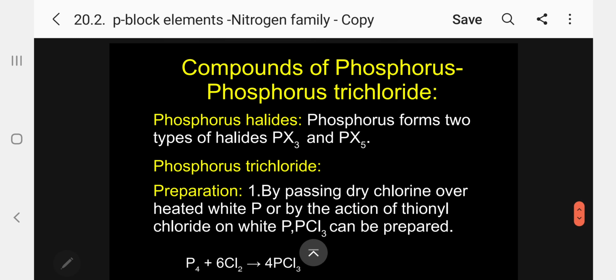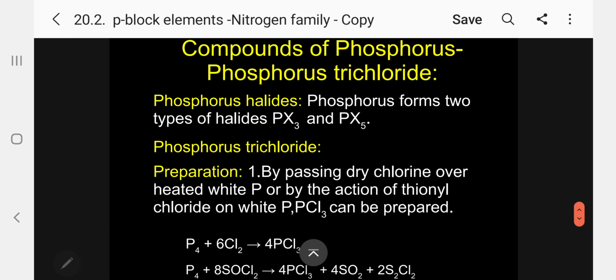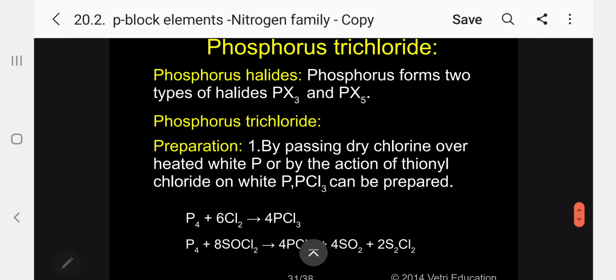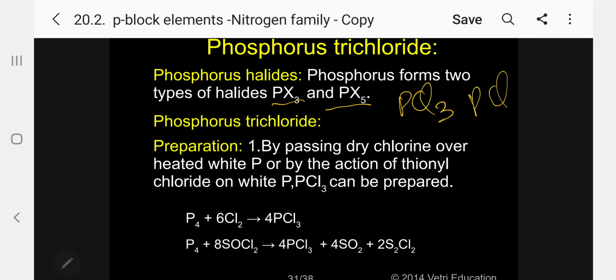Coming next, halides. Under the halides, we are going to discuss phosphorus trichloride and phosphorus pentachloride. Phosphorus forms generally 2 types of halide, PX3 and PX5. So specifically with chlorine, PCl3 and PCl5, phosphorus trichloride and phosphorus pentachloride.